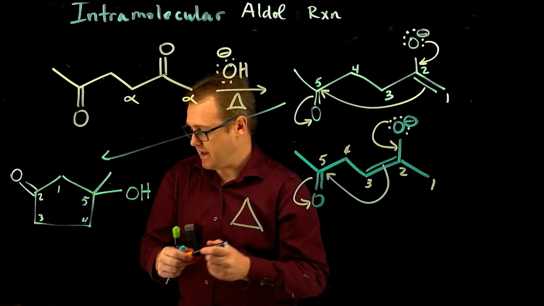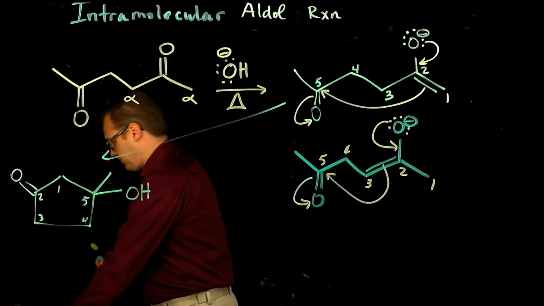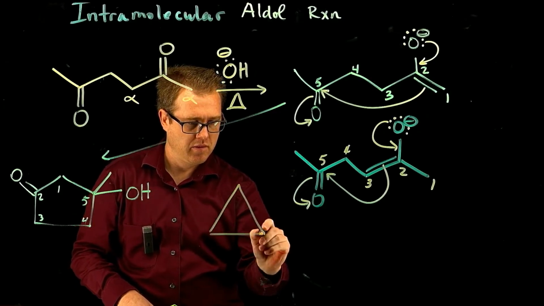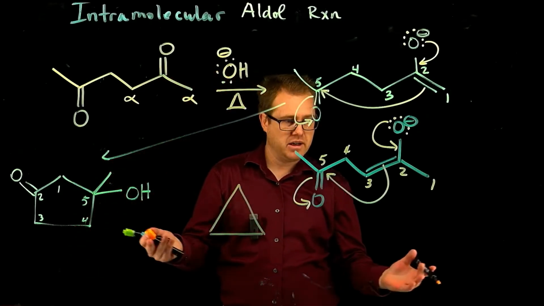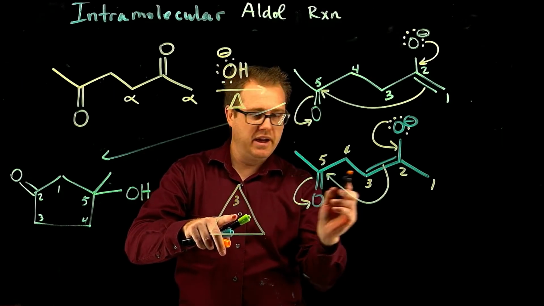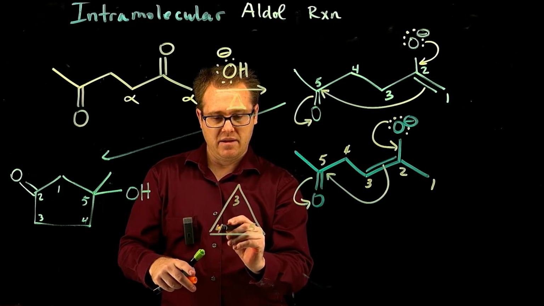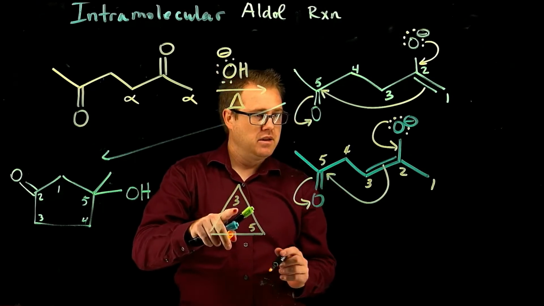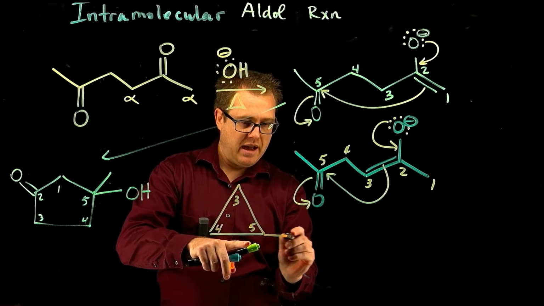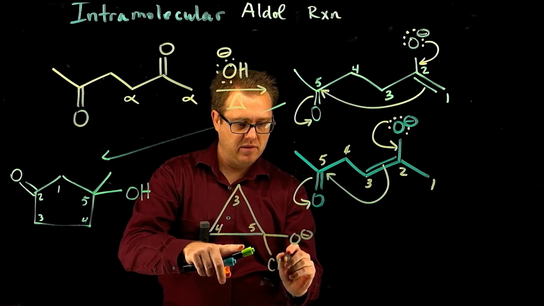And let's draw that out a little bit bigger, shall we? So for a 3-membered ring, I just draw a triangle. So carbon 3 is forming a bond with carbon 5, and that's carbon 4. So what do we have on carbon 5? We're going to have an alkoxide and that methyl group.